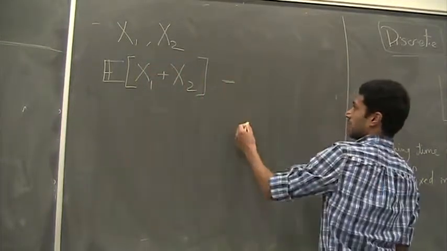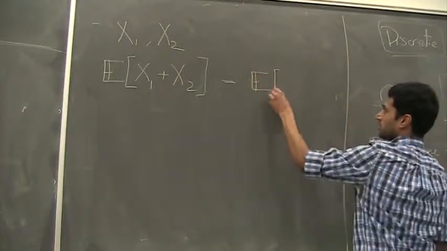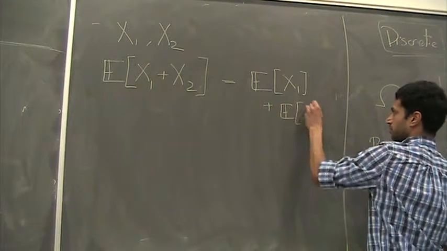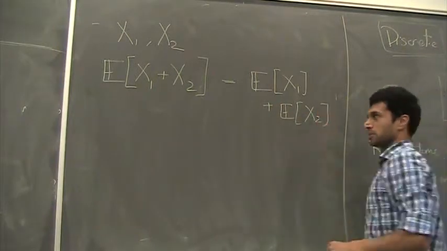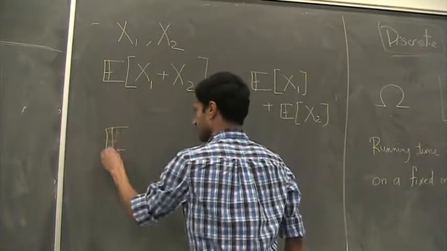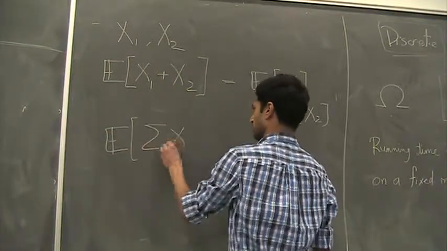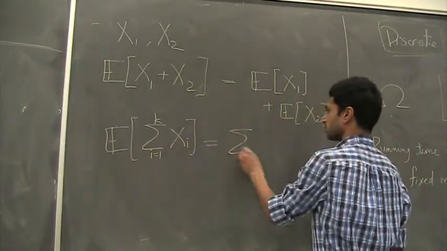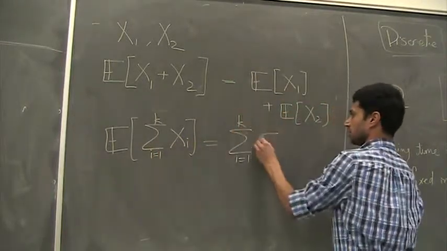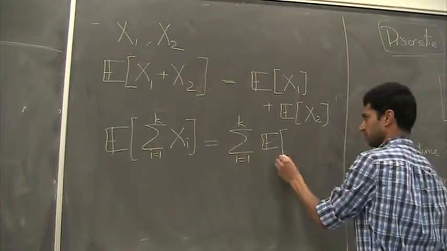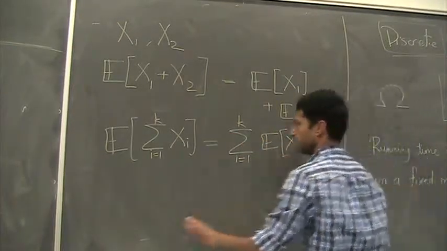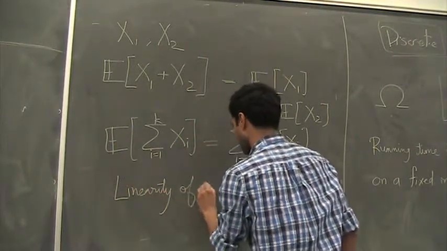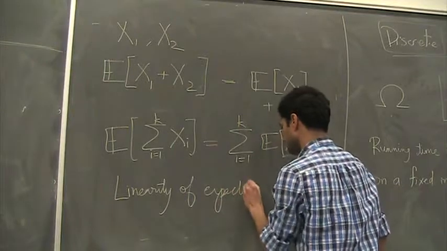There's a statement called linearity of expectation, which basically says that the expectation of the sum is the sum of expectations. And we can prove it right now. It's not particularly hard. So let's say you have a sum of k random variables. The sum commutes with the expectation. This is called linearity of expectation.